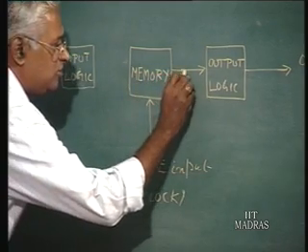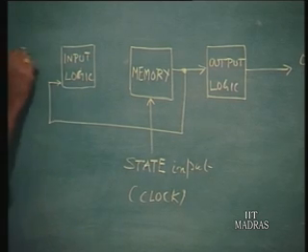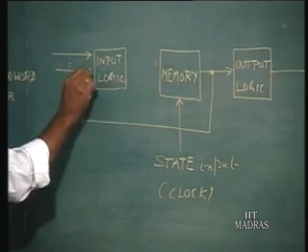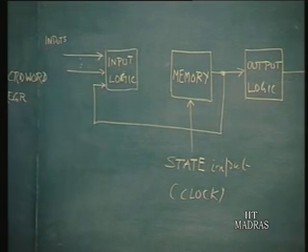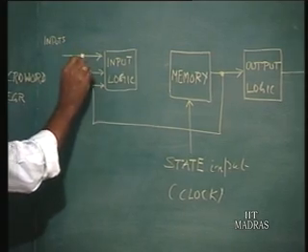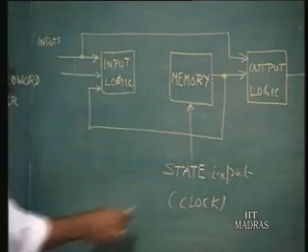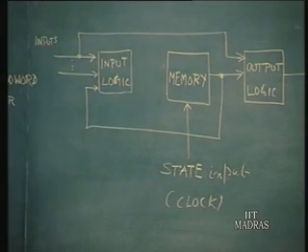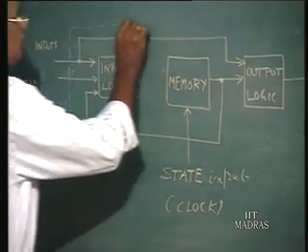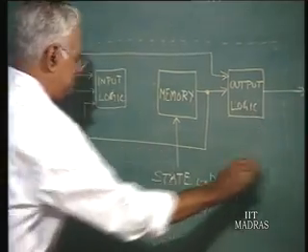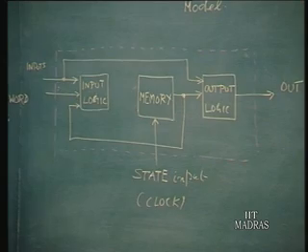Now I take this state information and feed it to this logic and also feed some inputs, which are the actual inputs coming from the external world. I can also take some of these inputs to this output logic. I will explain the significance of this. Now what you have inside this box is the state machine.